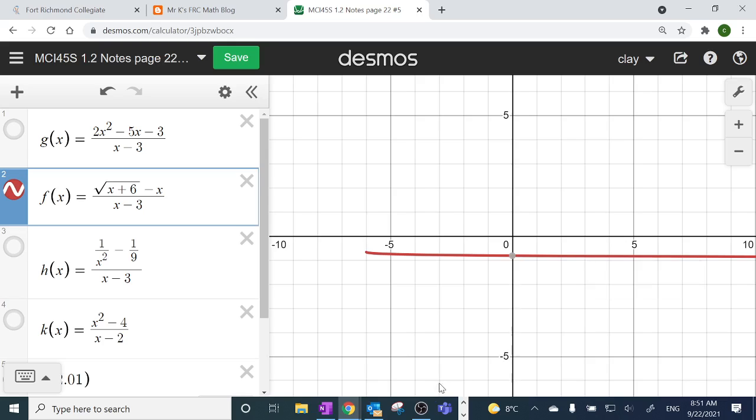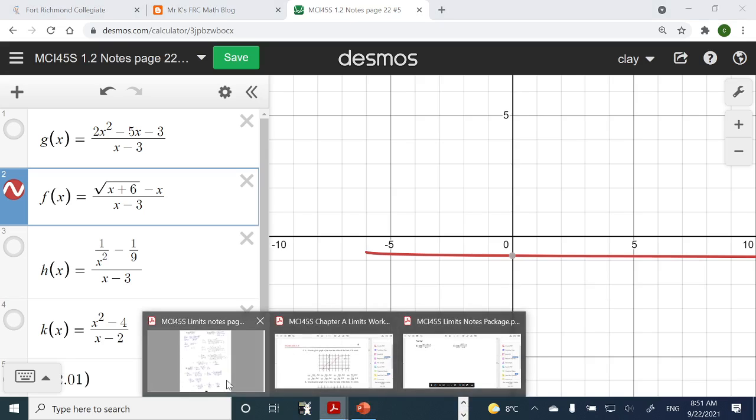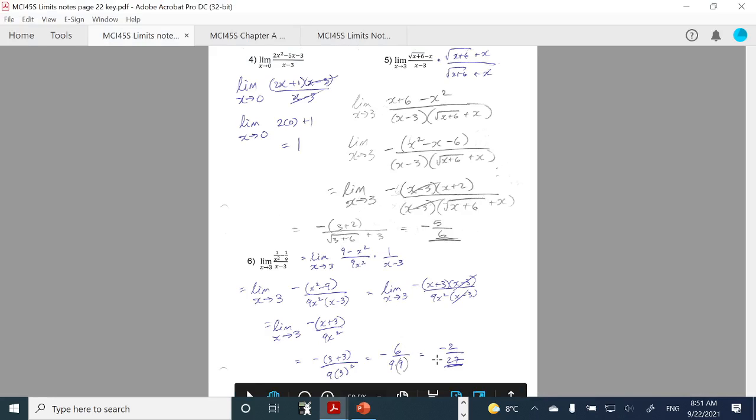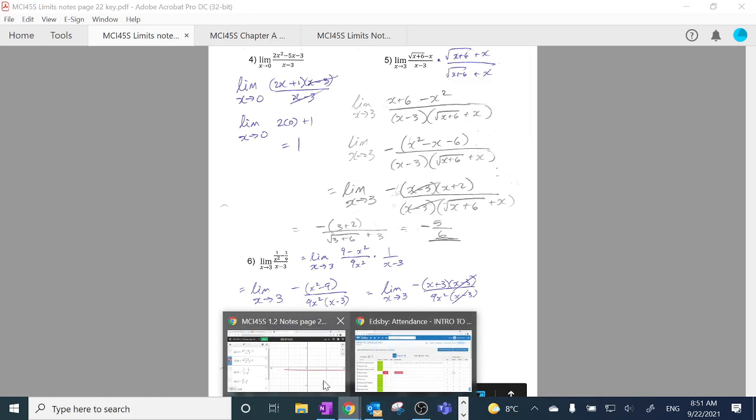Right, so let's see, what was the other one that I had? The third one was negative 2/27. So I might take my calculator out and try to figure out what 2 divided by 27 is. 2 divided by 27 is 0.07. So I'm going to go back to Desmos here and see how close this gets to 0.07.